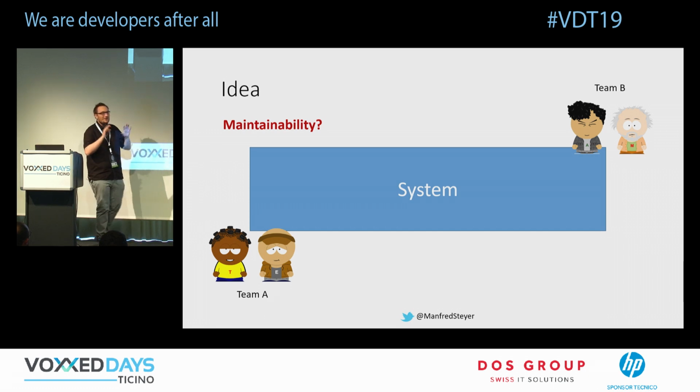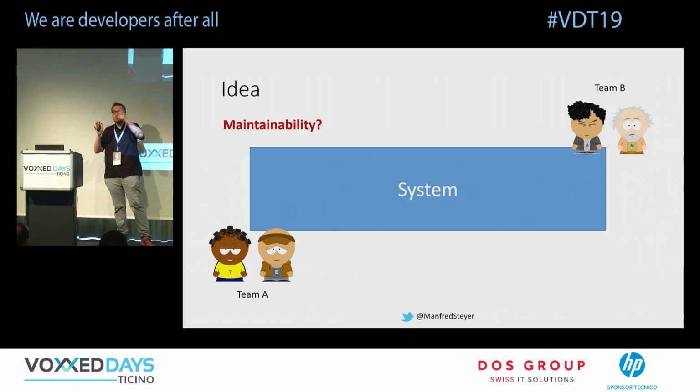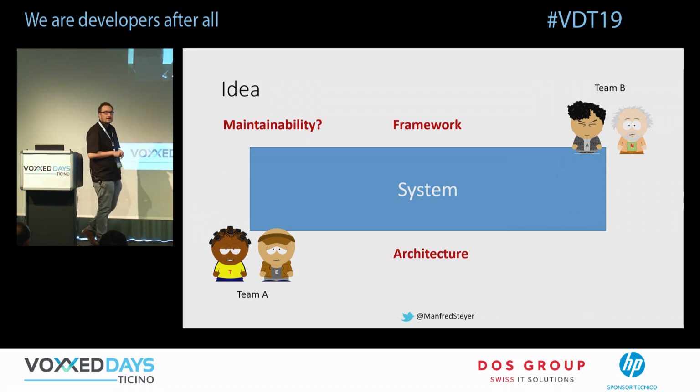Communicate. No, just kidding. Nothing against good communication. But if you are blocked all the time because you have to communicate with all the other 20 teams, something goes wrong. When you have a big system, you normally just have one leading framework and one overall architecture.